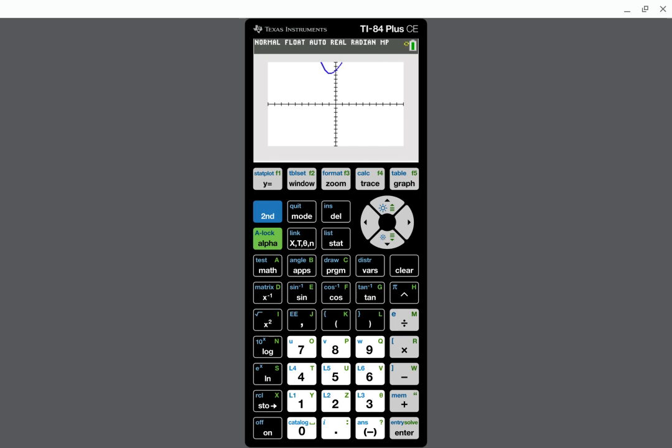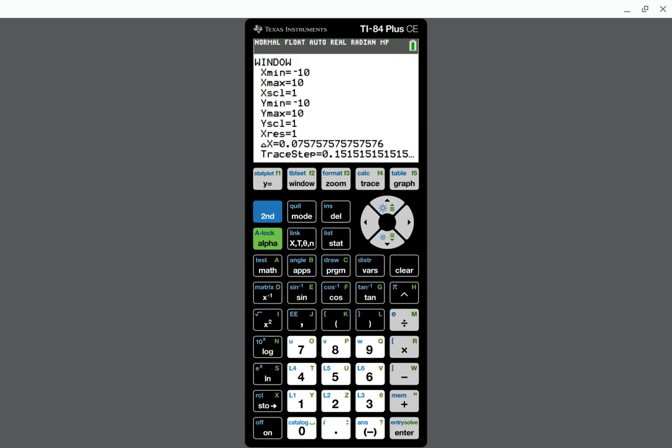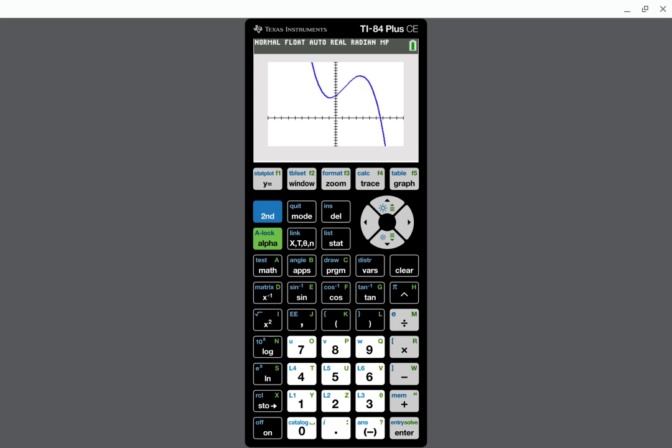And you'll see that now one of the hilltops has been chopped off. It's up above the top of the graph. So what you need to do in a case like that is you hit the window key and you come down to the number that controls the top of the screen, and you'll increase it from 10 to 20 or whatever you choose. Touch graph and you'll see, now you can see both the valley and the hilltop.